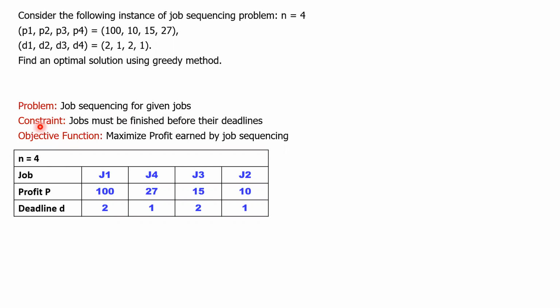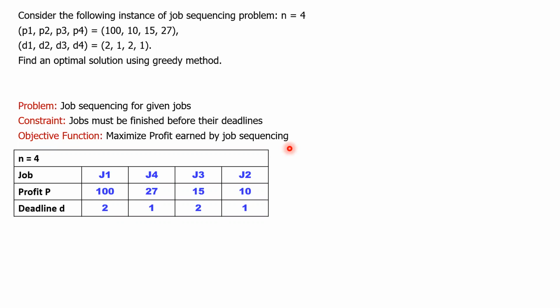And the constraint: jobs must be finished before their deadlines so as to earn the profit. Now the objective function is to maximize the profit earned by job sequencing. That means you have to schedule the jobs in such an order that you are going to earn maximum profit. Now that is your challenge, and for that you are going to apply greedy approach.